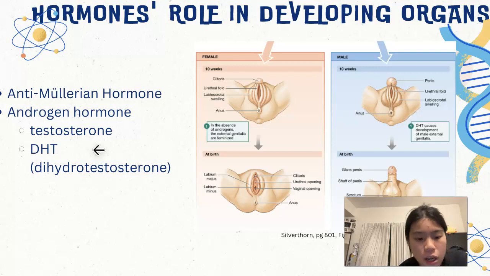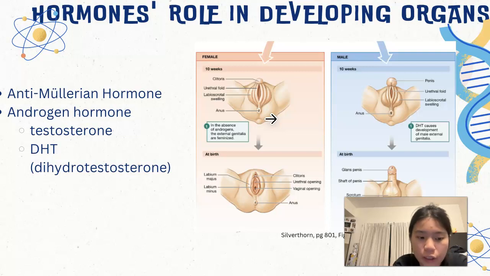For females, female embryos, like we said before, have no SRY gene, and the cortex of the bipotential gonad develops into ovarian tissue. And in the absence of androgens, the external genitalia are feminized.